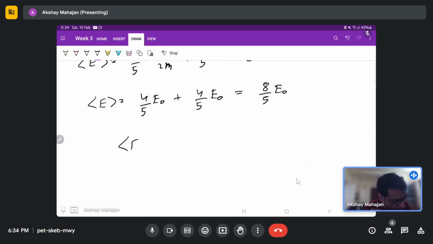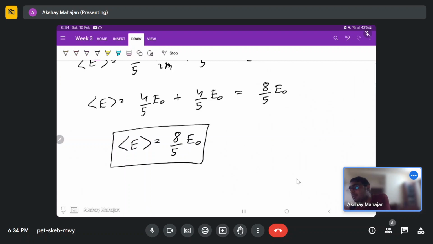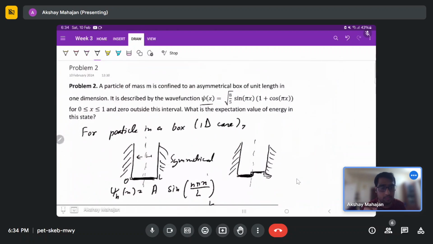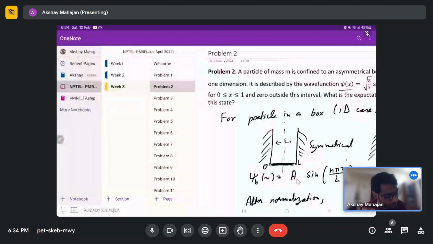So our average energy now will be equal to 8/5 times E0, and E0 is basically our ground state energy. Alright, so this was our problem number 2. Let's move to problem number 3.